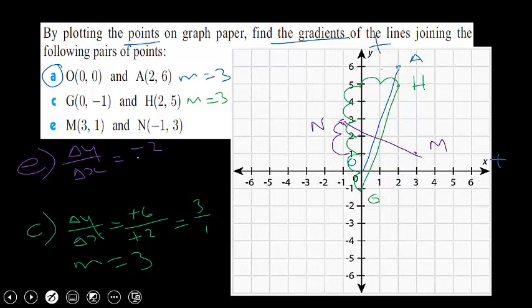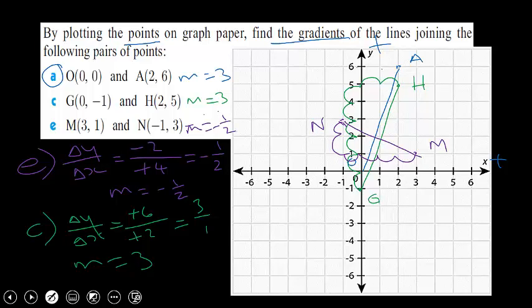That's minus 2 over 1, 2, 3, 4, plus 4, which equals minus 1 over 2. So m equals minus 1 over 2.